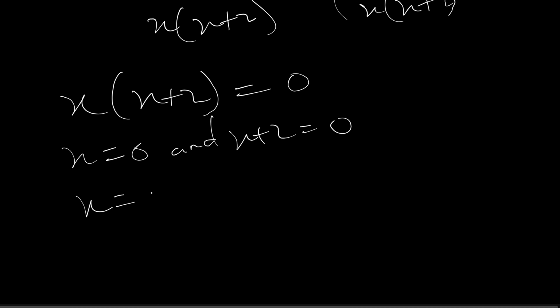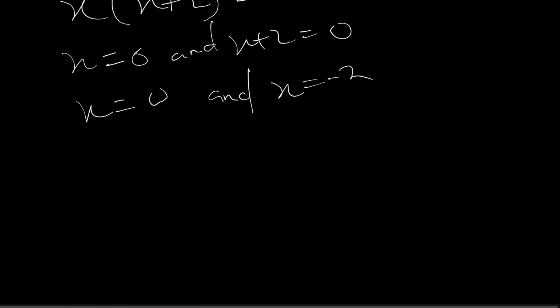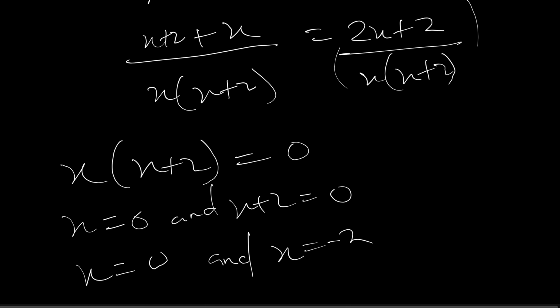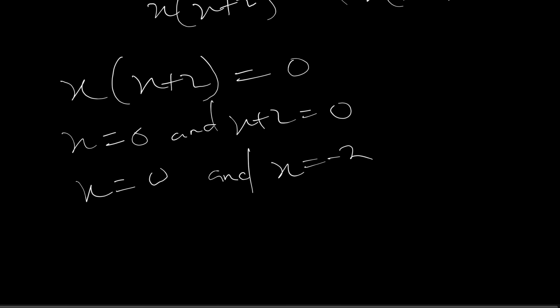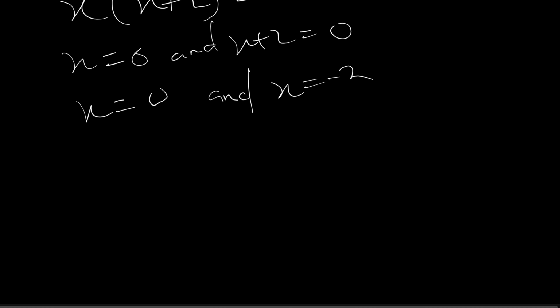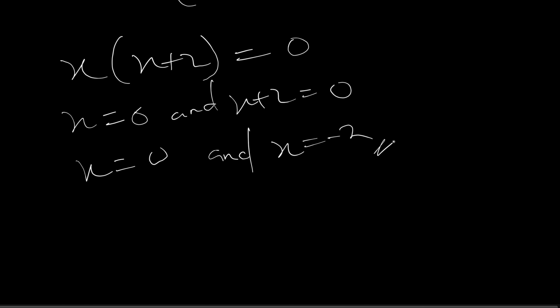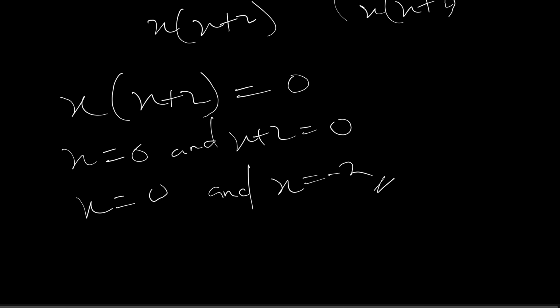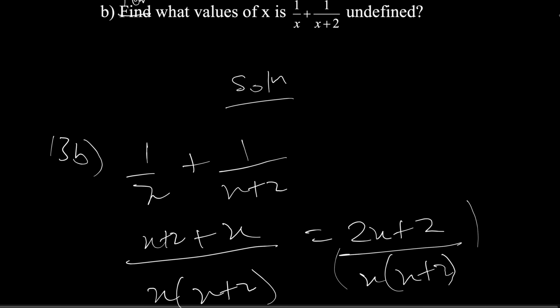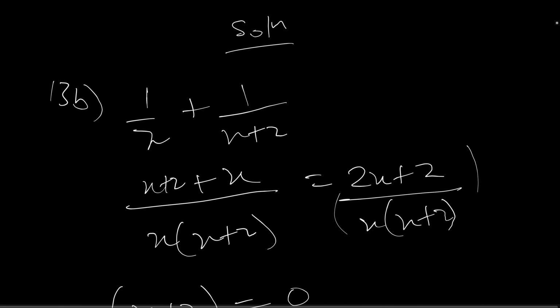So x is equal to 0 and x is equal to minus 2. So for the expression to be undefined, our x should be either 0 or negative 2. So this is what our solution means. So this brings us to the end of question 13b.